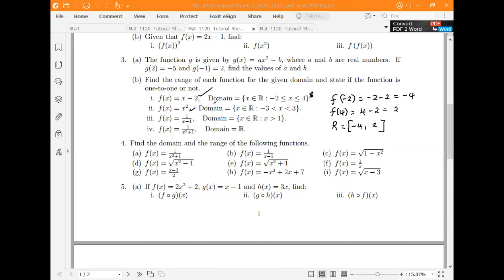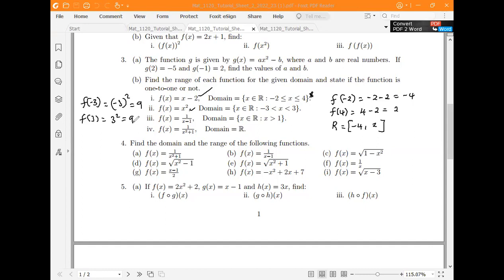So if you substitute negative 3, we are going to get negative 3 squared, which is 9. If you substitute 3 squared, 9 again. So you can't use the endpoints to give you the range. You also need to understand the function you're having. So we are having x squared.